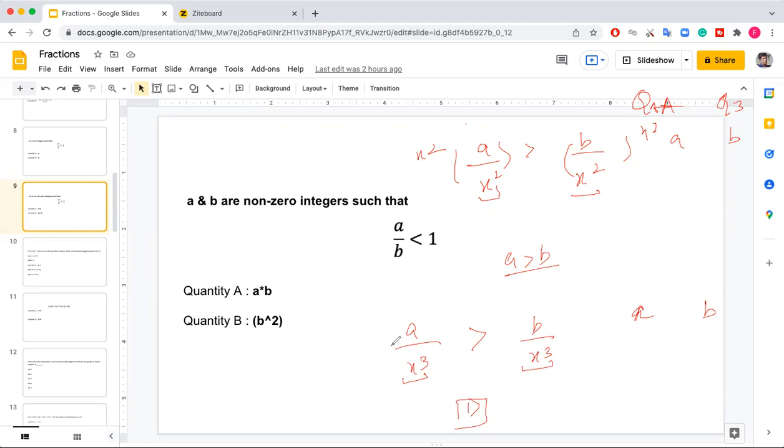So if we have a positive number inside this and we multiply with x cube, A is greater than B. But if we have a negative number and we take the cube and multiply, the sign will become the opposite. So just keep in mind the difference of the powers, either even or odd.